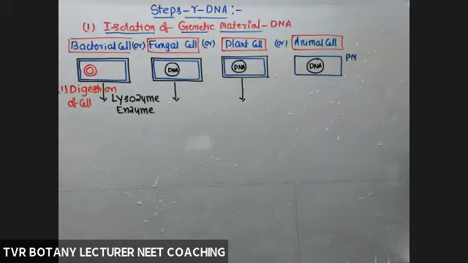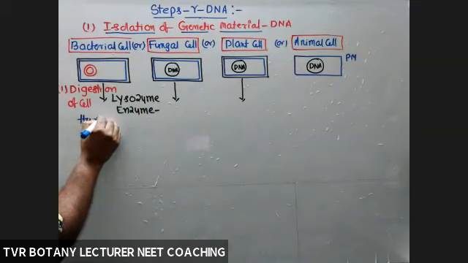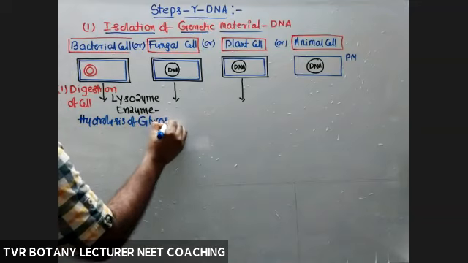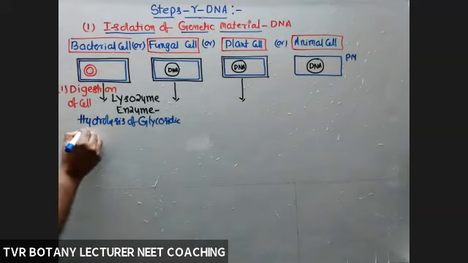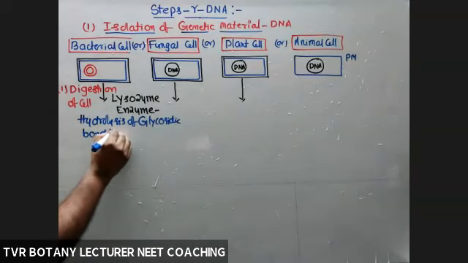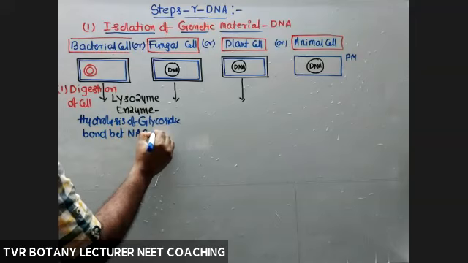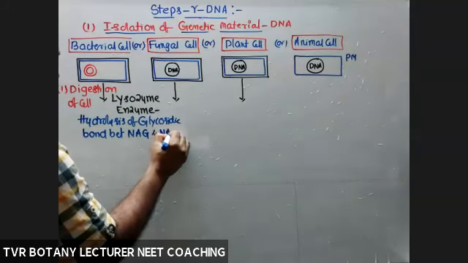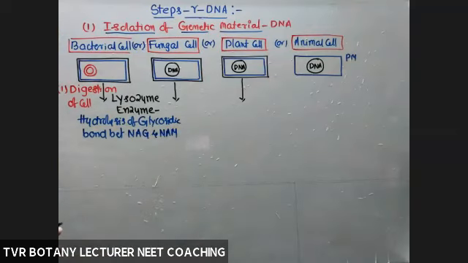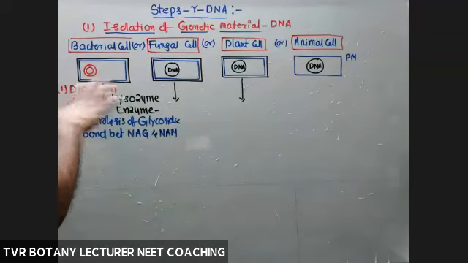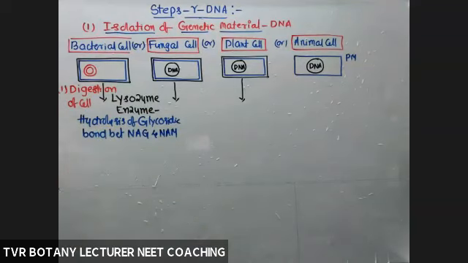This enzyme is able to cause breakdown or hydrolysis of the glycosidic bond between N-acetyl glucosamine and N-acetyl muramic acid, the aminated sugars. Once the glycosidic bond is dissolved, all the monomers get separated from each other.